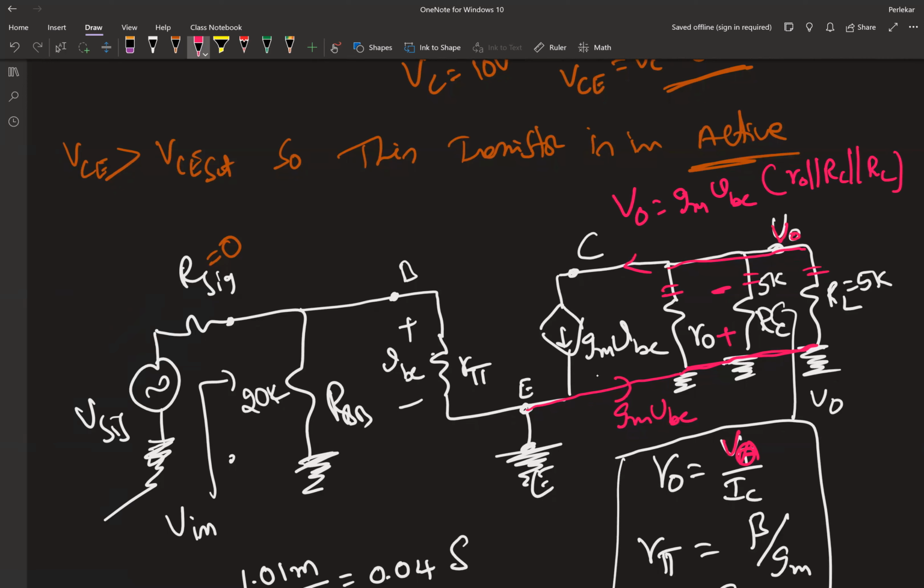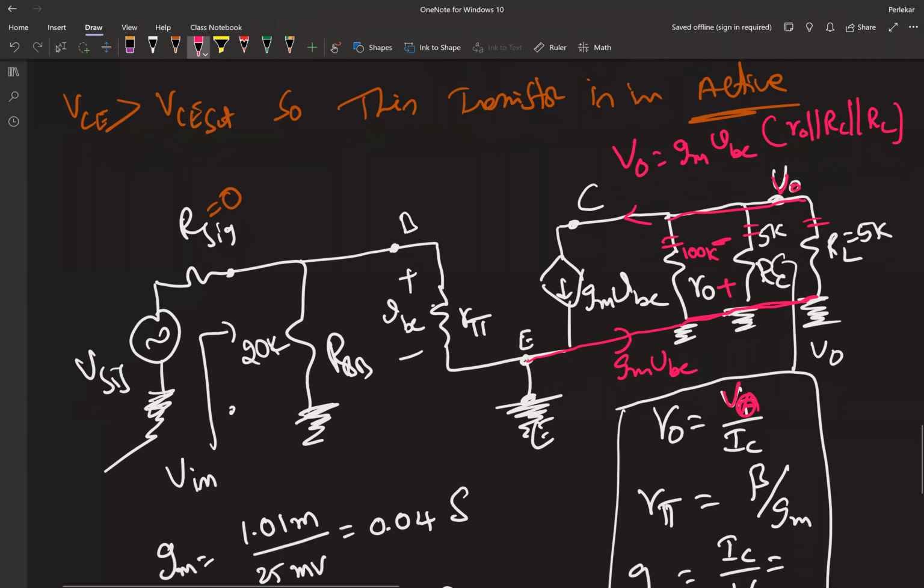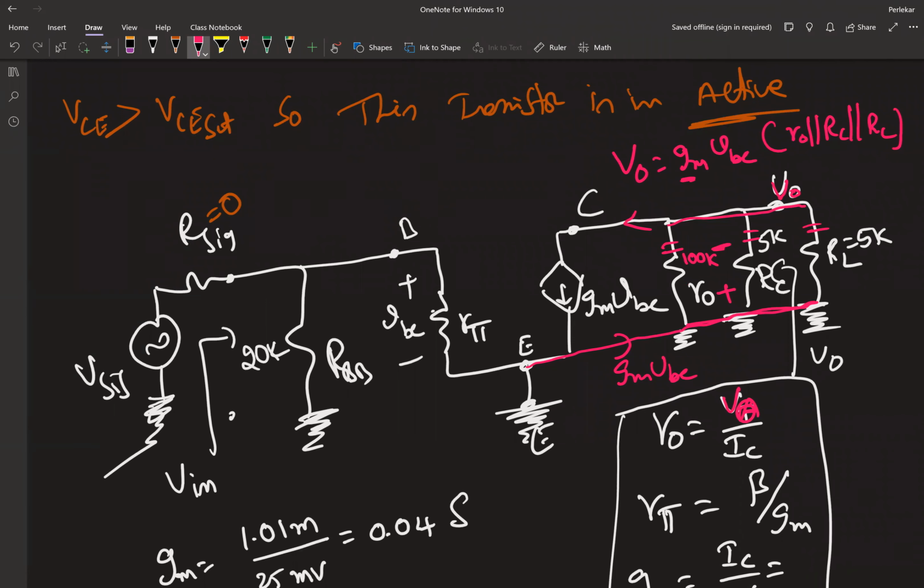So 5K parallel 5K, which is 2.5 kilo ohm, and 2.5 kilo ohm parallel with this 100K. Can you guys give me that value? Approximately 2,300 or 400. Okay, so we know that. I know the GM value, and I know VBE. VBE is the voltage drop across R pi.